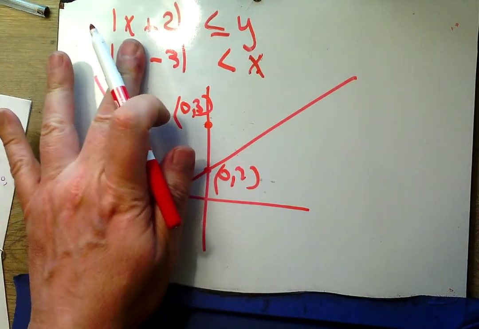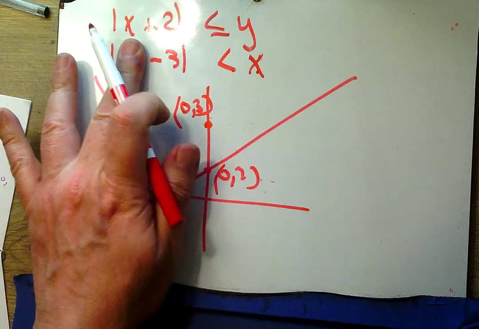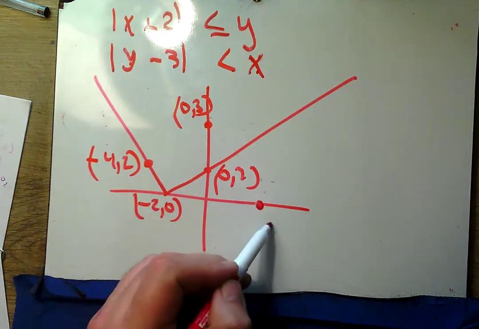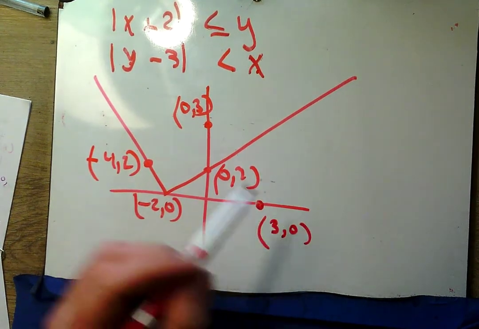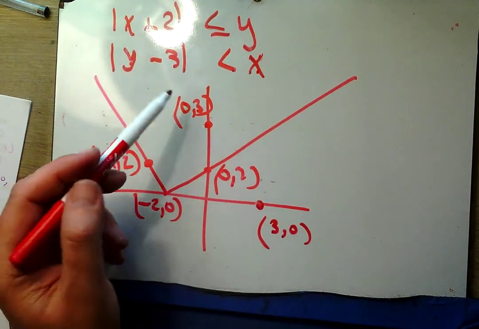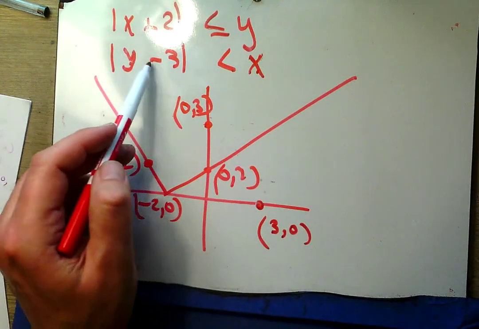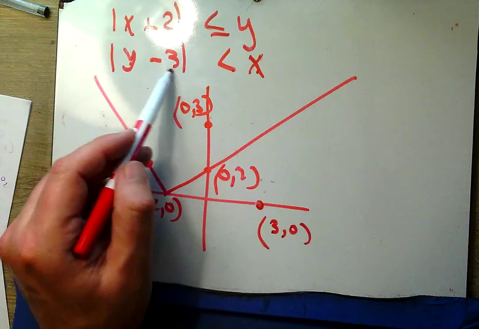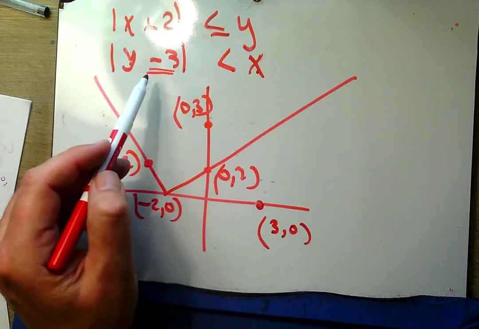But if I plug in a 0 for y, I'm going to get x equals 3, so 3, 0. Now, I'm thinking that this is absolute y minus 3. This is inside the absolute value function.